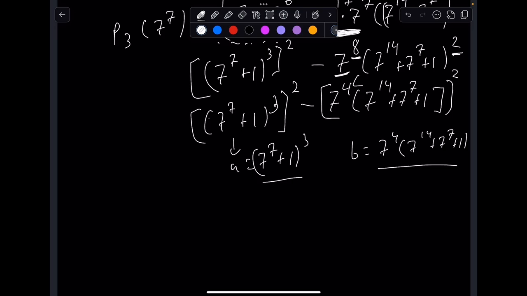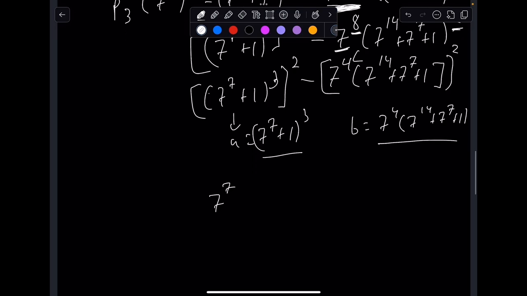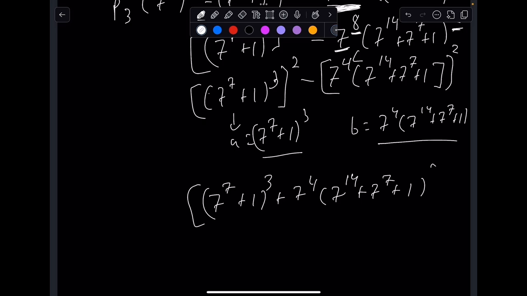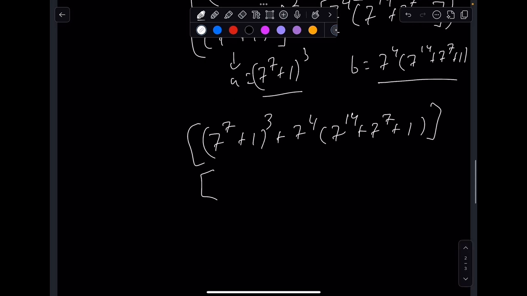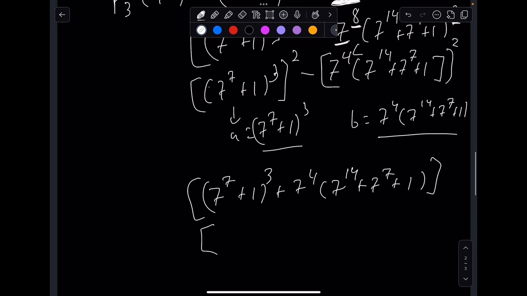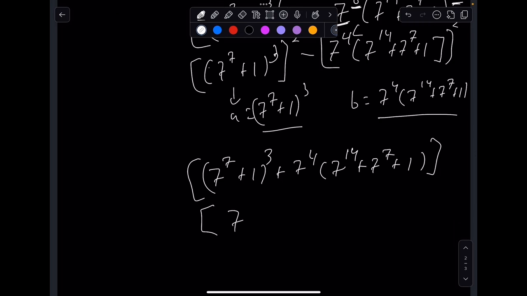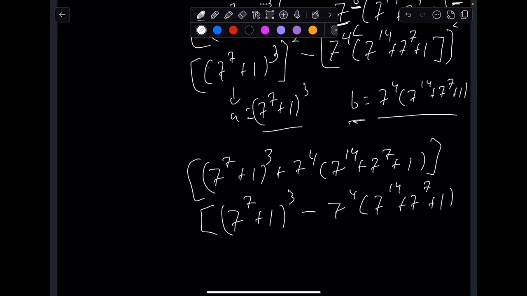So a plus b is 7 to the 7 plus 1 cubed plus 7 to the 4, 7 to the 14 plus 7 to the 7 plus 1. All of that times by a minus b. So 7 to the 7 plus 1 cubed minus, and then b, 7 to the 4, 7 to the 14 plus 7 to the 7 plus 1.